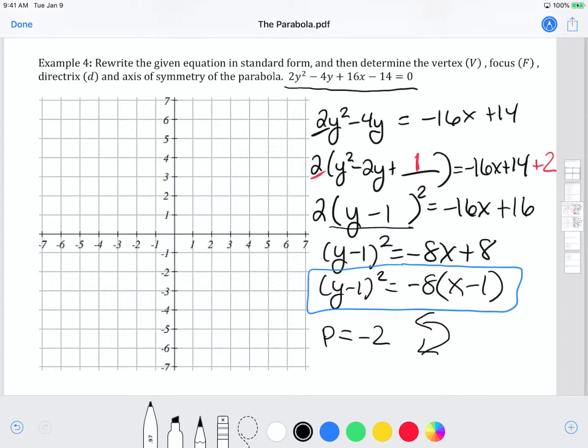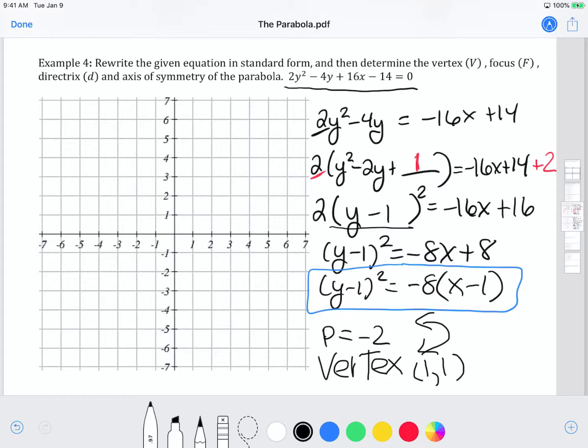So now we have a vertex at 1, 1. Now be careful. It's coincidental that both the x and the y for the vertex is 1.